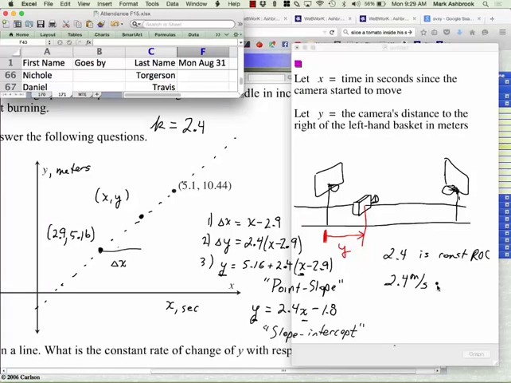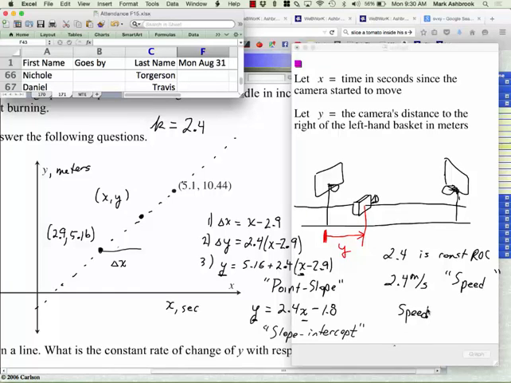And what do we call that quantity? What is that about the camera? Velocity or speed? Okay, how do you calculate speed? What's your formula for speed?